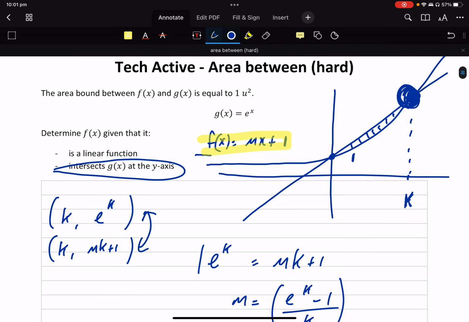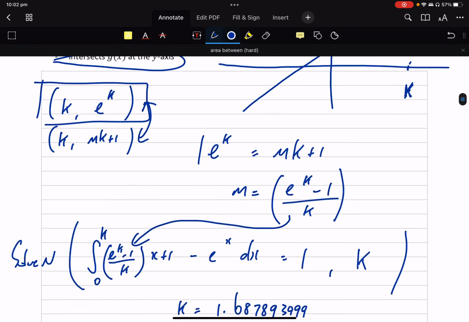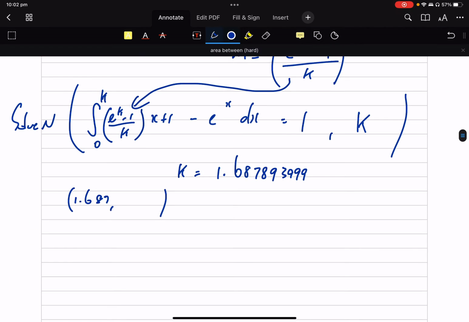So what I'm going to do is I'm going to work out what this point is. That point is going to be the point k, 1.687, and then I'm going to do e to the k, and that point of intersection is actually 5.40807, and so on.